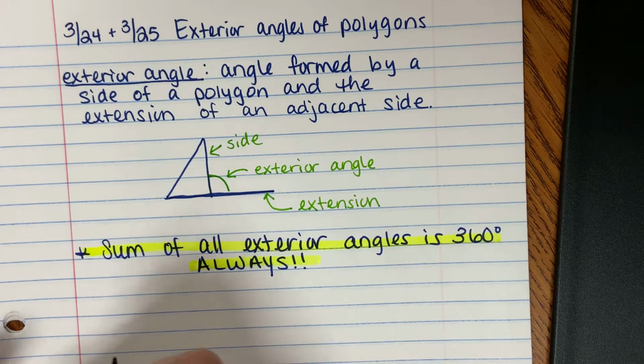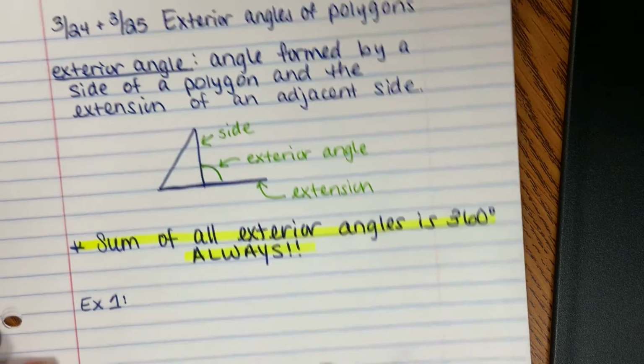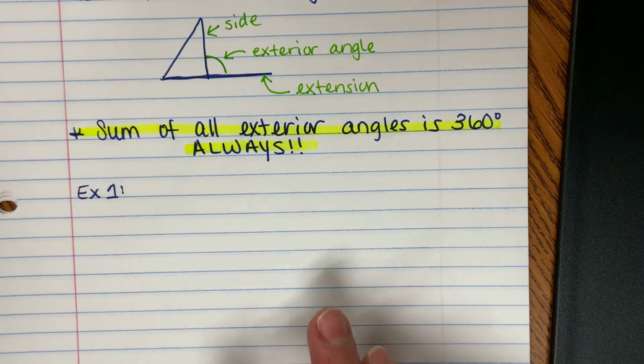I want to do an example. Example 1. Now, of course, I'm not going to just ask for the sum of the exterior angles. I'm going to ask a little bit more.